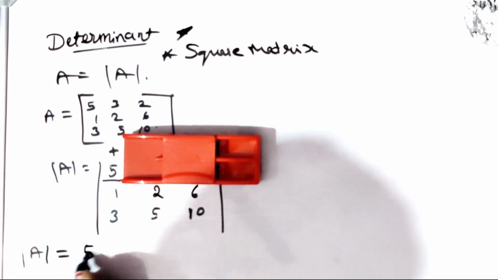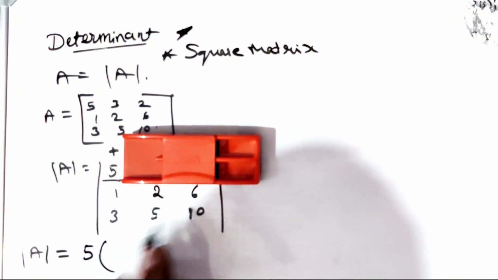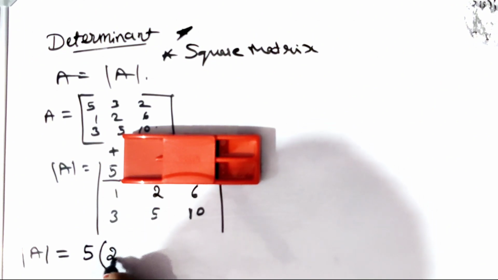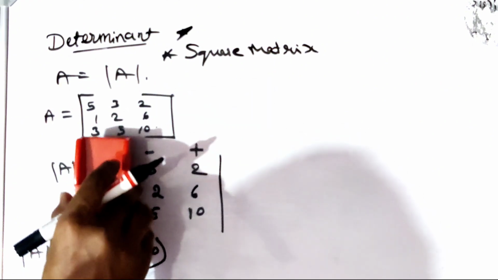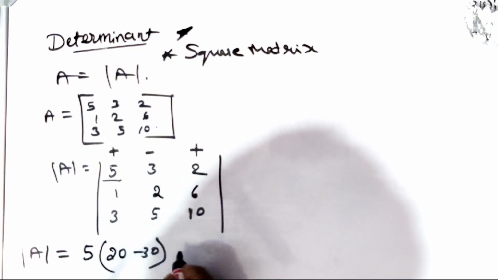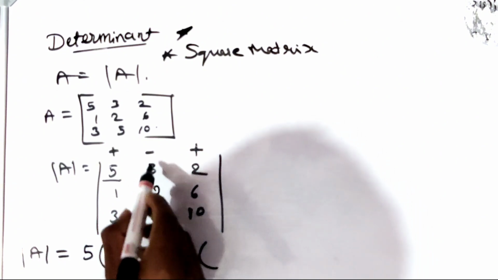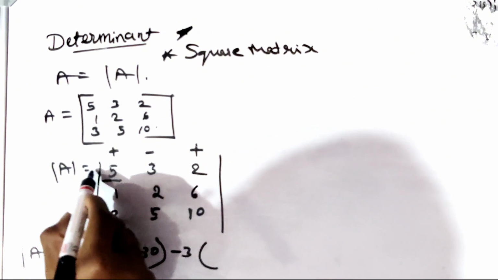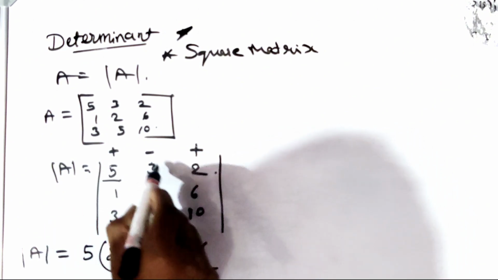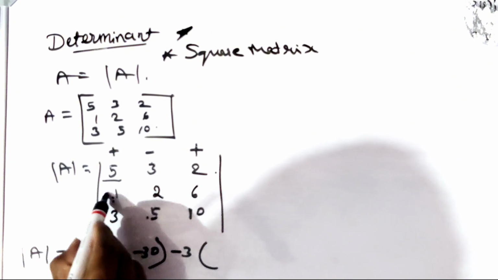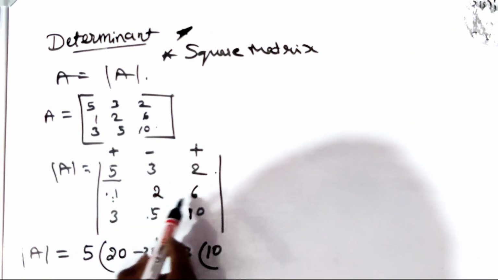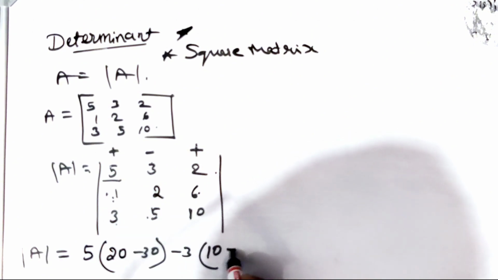We'll write it: 5 into (2 into 10 minus 6 into 5), that is 20 minus 30. The next element is 3 with the sign minus. We neglect the first row and second column: 1 into 10 is 10, minus 6 into 3 is 18.